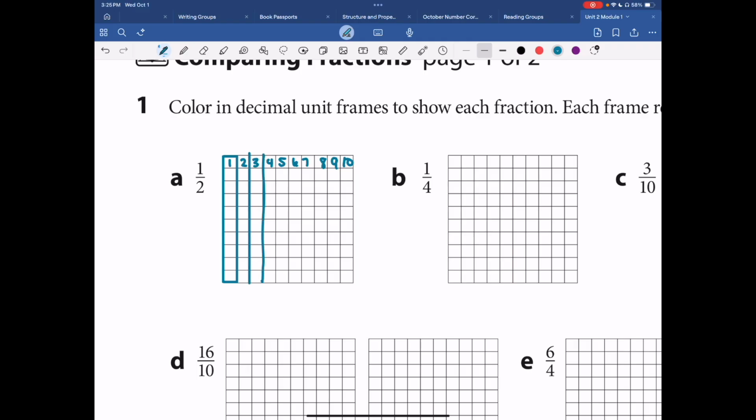Remember that columns go up and down. So you have 10 columns to cover the entire whole. Then if we counted each and every square, we would have 100 in the entire thing.